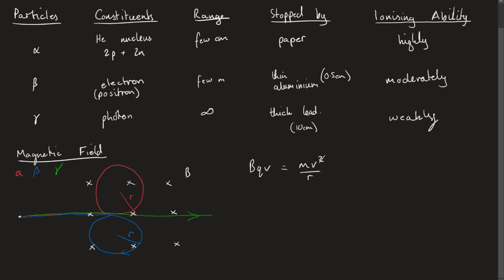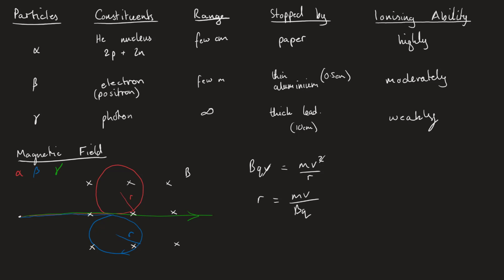If I cancel out a velocity on both sides, the radius is therefore mv over bq, so I know it's not only dependent on the magnetic field strength and the charge, it's also dependent on the mass and the velocity, and all of those are going to be different, so I'm going to end up with two different radii. So this is the first way that we can distinguish between these types of radiation.